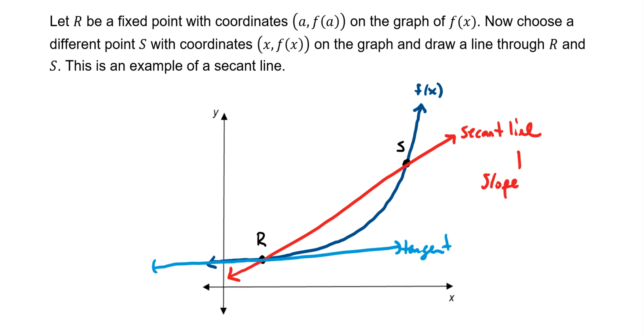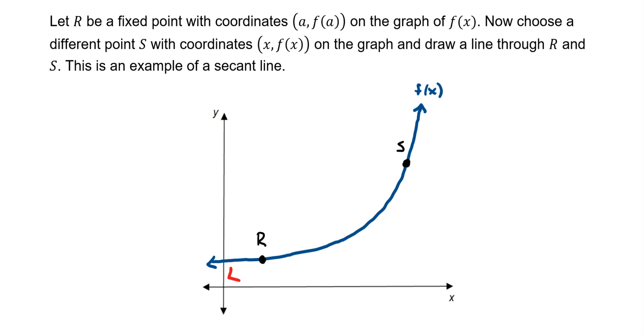And the way we're going to do it is we're going to hold R still. We're going to leave R exactly where it is. And we're going to take S and move it closer and closer to R. So for example, let's move it a little bit closer, and let's say that that is the new secant line. So imagine continuous motion here. I can't really draw continuous motion. So S is going to keep on getting closer and closer.